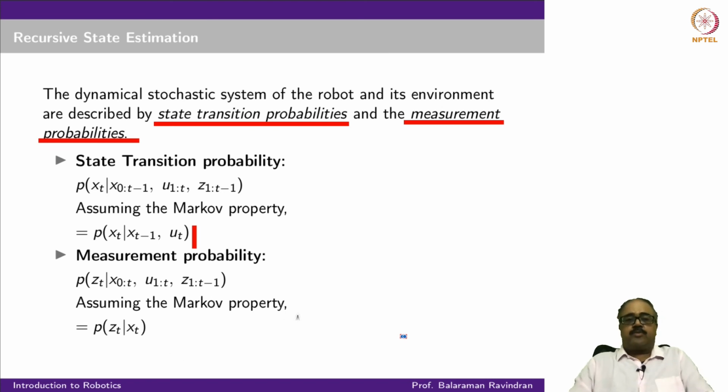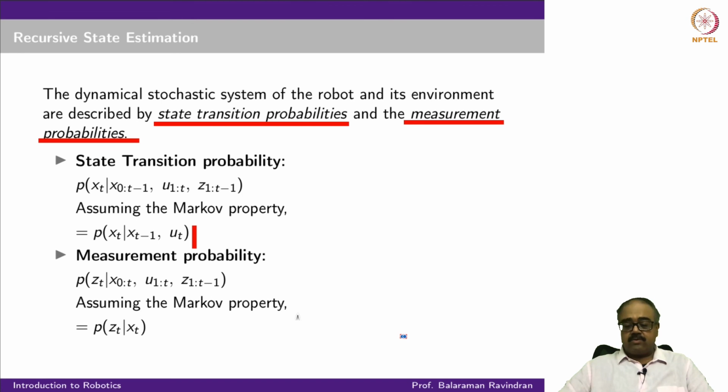Assuming that you have the Markov property, we know that the observation you make at time t depends only on the state at time t. It doesn't depend on what action I did to come to xt. So even ut is no longer relevant for the probability of zt, because ut's impact on zt is only through what xt occurs.